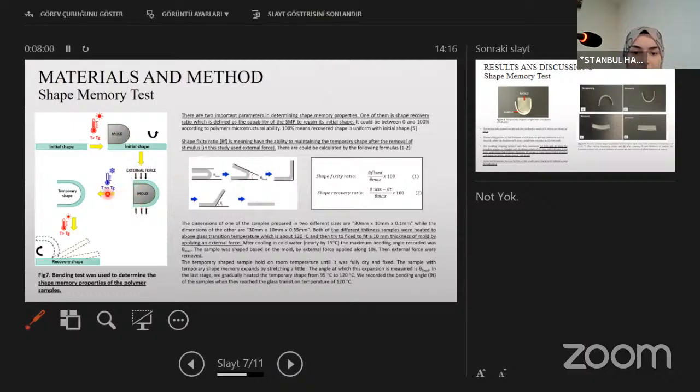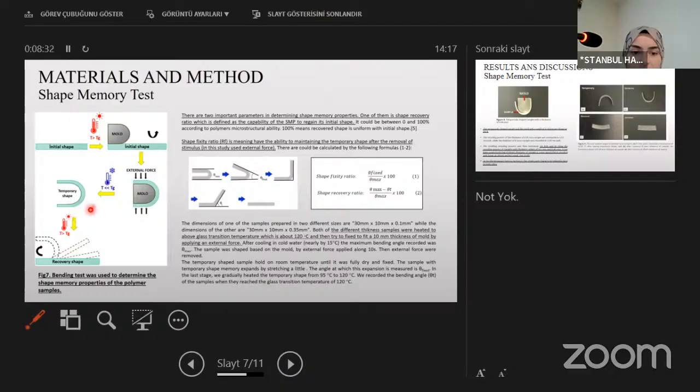Then after cooling in cold water at nearly 15 degrees Celsius, the maximum bending angle was recorded as theta max. Here, the sample was shaped based on the mold by external force applied for 10 seconds. Then the external forces were removed, and the temporary shape sample was held at room temperature until it was fully dry and fixed.